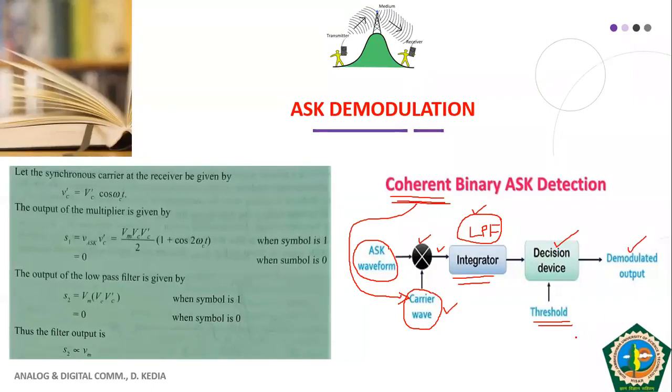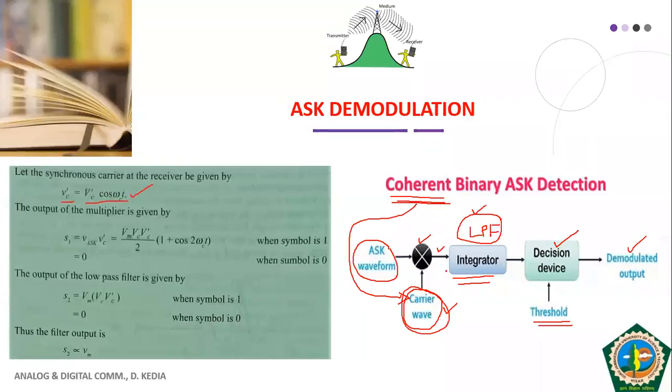We had also seen such a thing in our amplitude demodulation. Mathematically, say this carrier wave is represented by vc dash cosine omega ct.